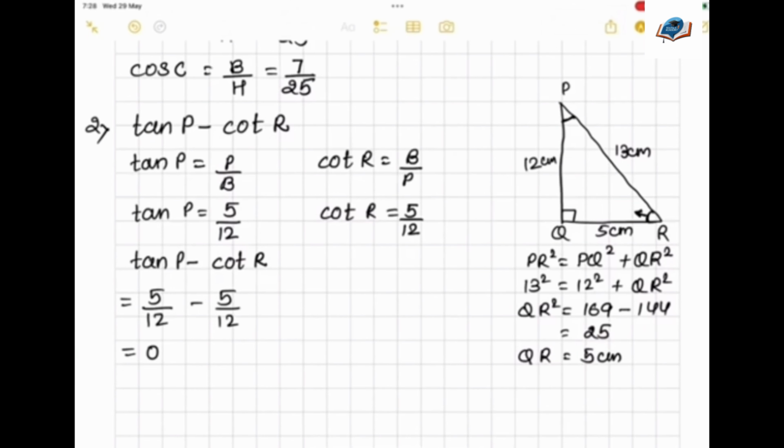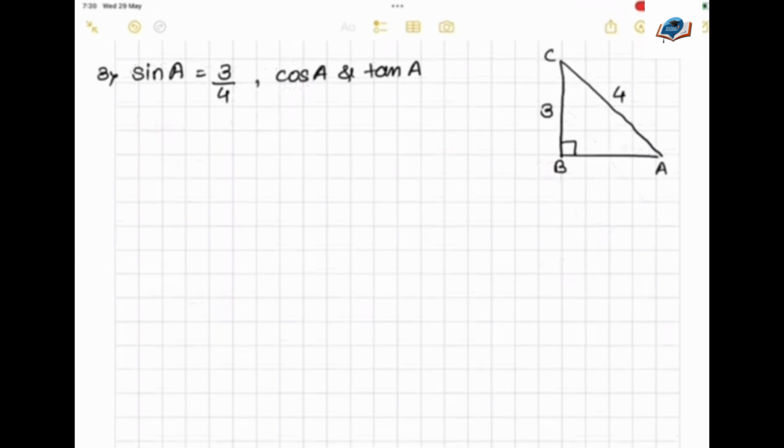Now the third one, it is given sin A equal to 3 by 4, and I have to find cos A and tan A. So sin A is nothing but opposite upon hypotenuse. So I am putting the values BC as 3 and hypotenuse as 4.